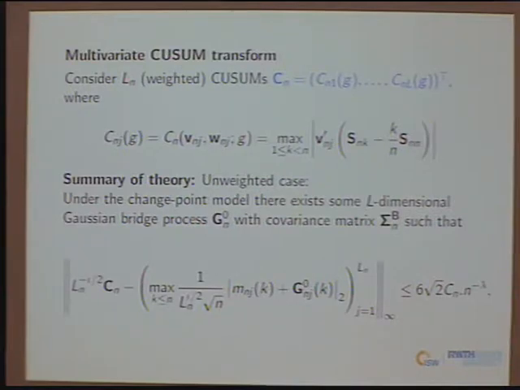And the summary for the unweighted case is that we can define an L-dimensional Gaussian bridge process with a covariance matrix given by these quantities I showed you on the previous slide, such that our multivariate vector of Q-sum statistics can be approximated by the vector of these maxima over these Gaussian processes, where here we have a bridge process, and here again we have a drift term.